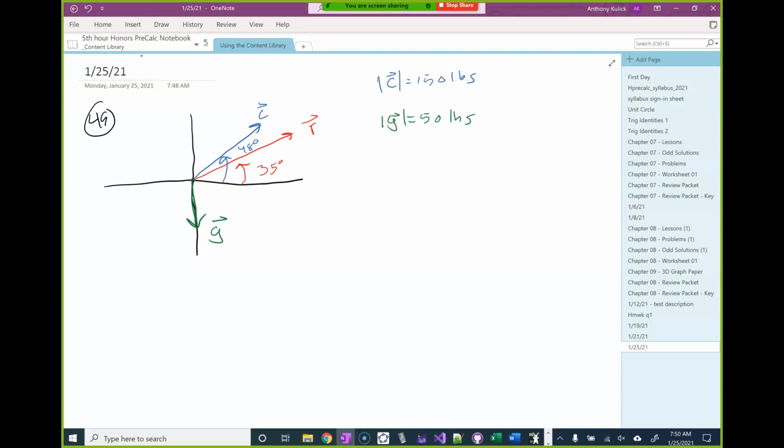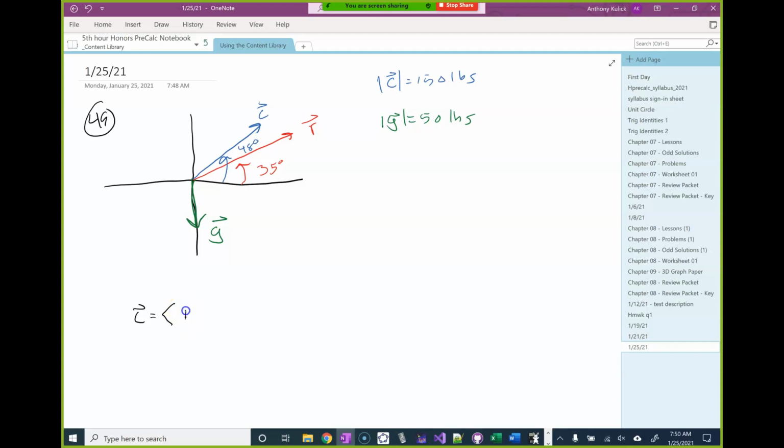So my plan here is that I have to look at the projection of G plus C onto R. So the first thing I'm going to do is to resolve G and C into component form vectors so I can add them together.